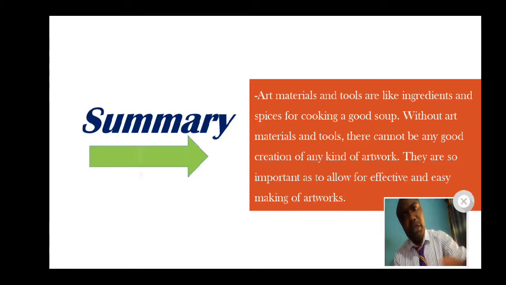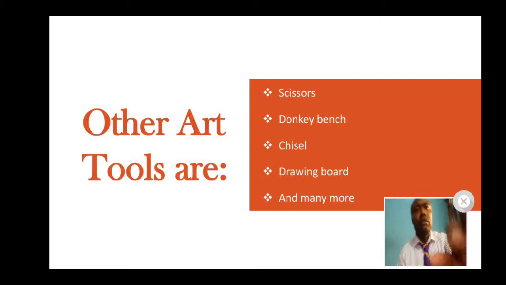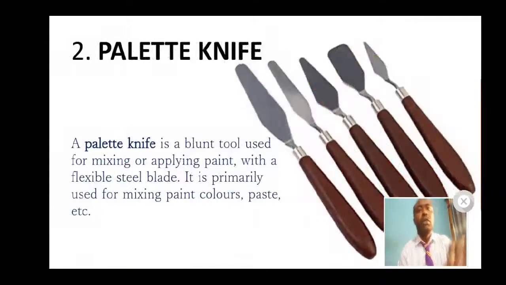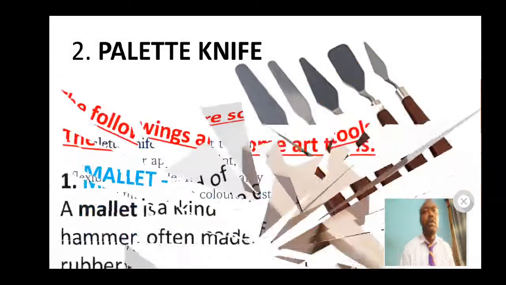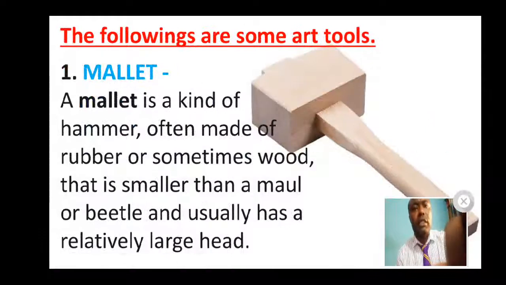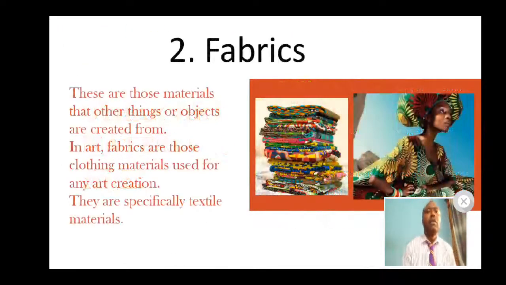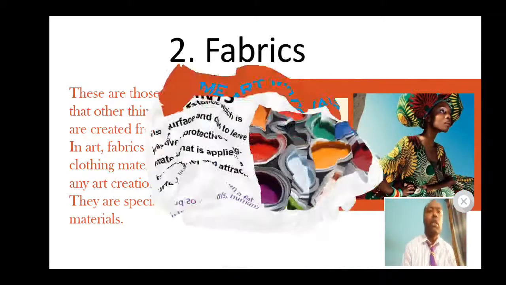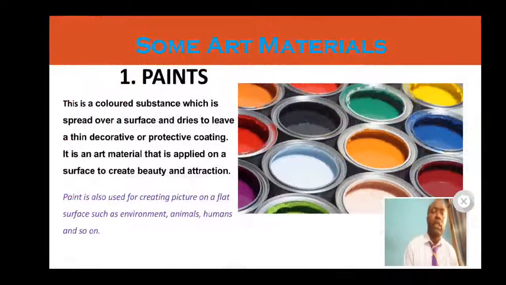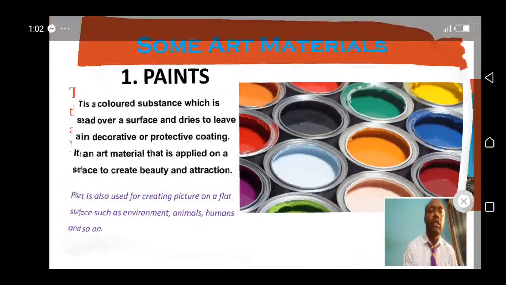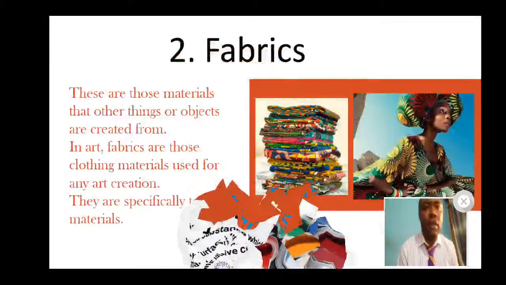Quickly, let's do a recap of some of the things we have discussed. Let's start by listing some of the art materials and art tools. Now the first art material here is paint for painting. Second here is fabric for creating clothes or other things.